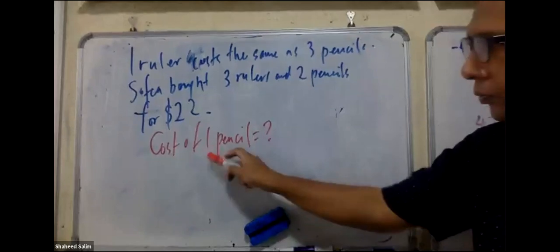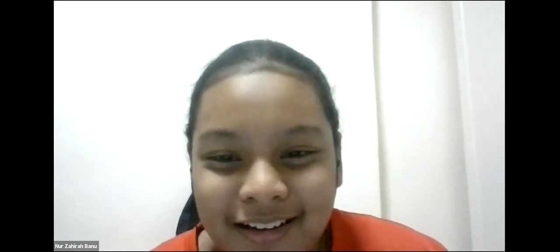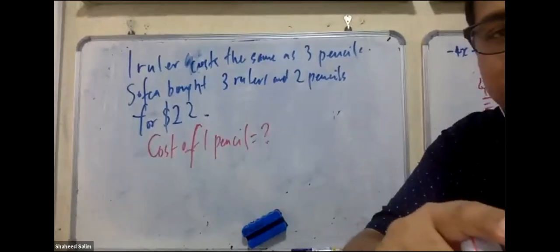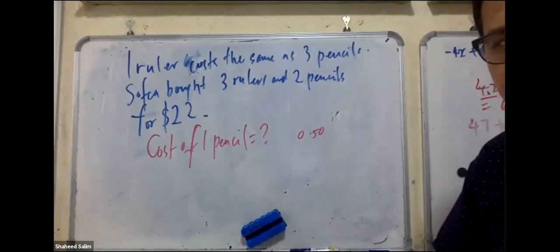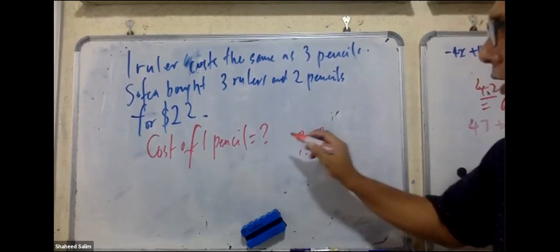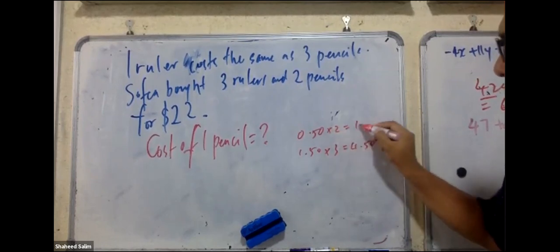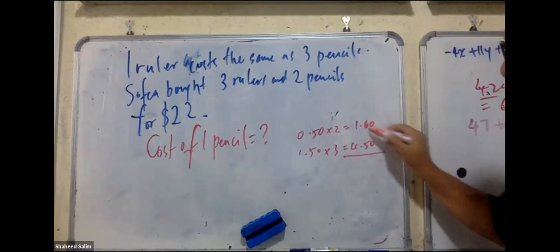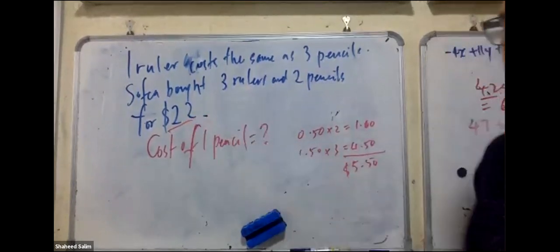You want the cost of 1 pencil or 2 pencils? 1 pencil. Say 50 cents, 0.50. So the ruler costs how much? 3 times, so 150. So you buy 3 rulers, 450. You buy 2 pencils, $1. You add together $1 plus 450, that's only 550. But the actual price is $22.